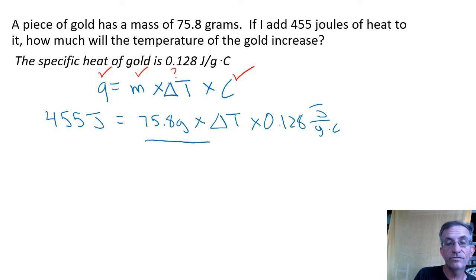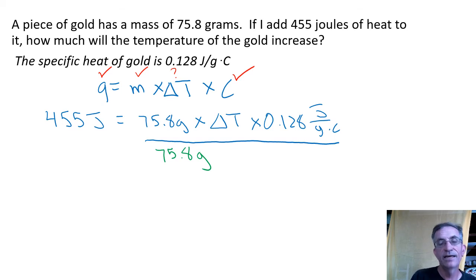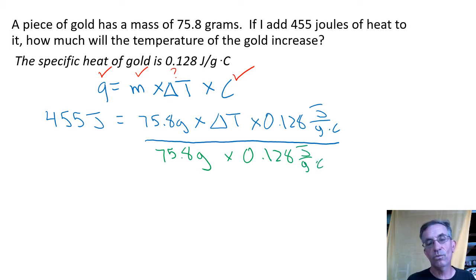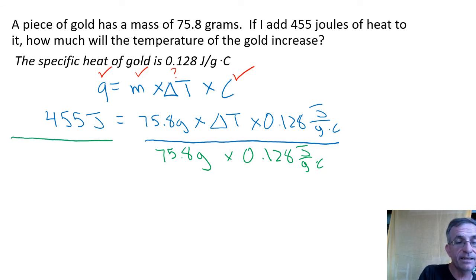So I'm going to divide both sides by 75.8, which makes the 75.8 cancel, and also by 0.128, which makes the 0.128 cancel. But if I do that on one side, I also have to do the same thing on the other side.